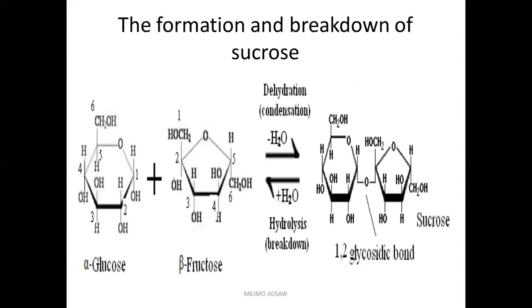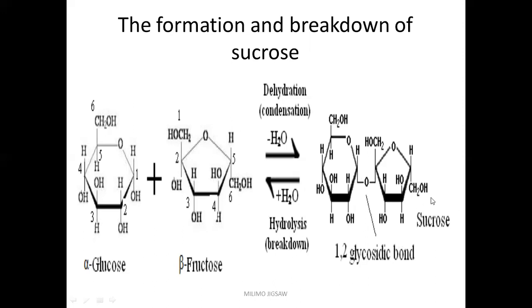And now this is the formation of sucrose. Remember I said alpha glucose plus beta fructose, so we have carbon 1 and carbon 2. Through the process of condensation, or dehydration, this will lead to the formation of a 1,2 glycosidic bond.